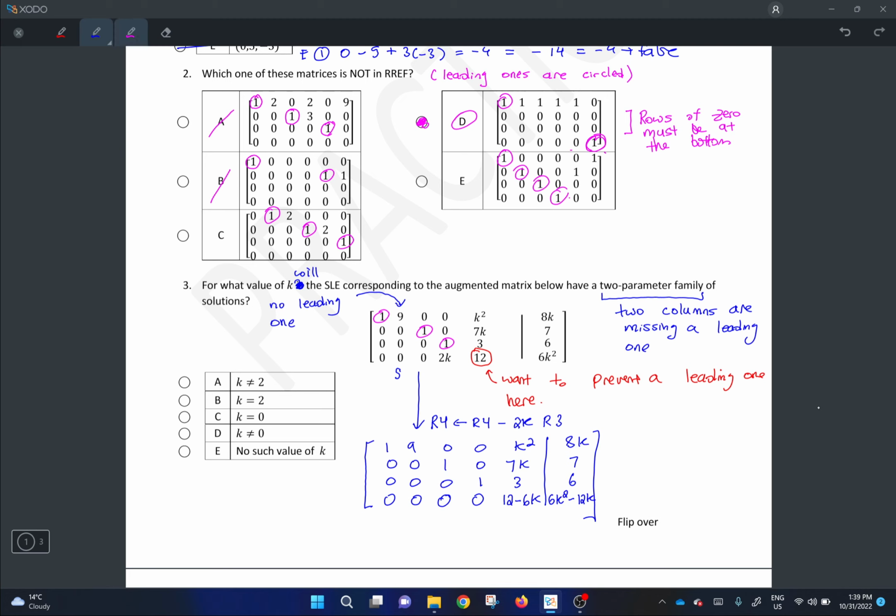So I'm going to check. I want to prevent this from ever being a leading one. It will never be a leading one.